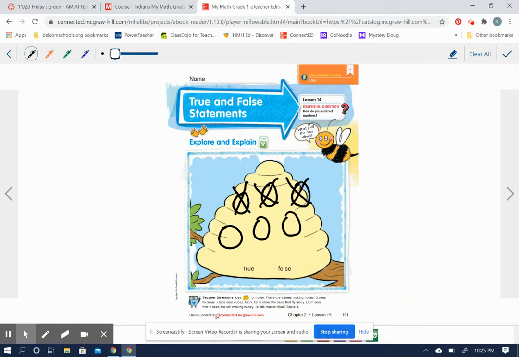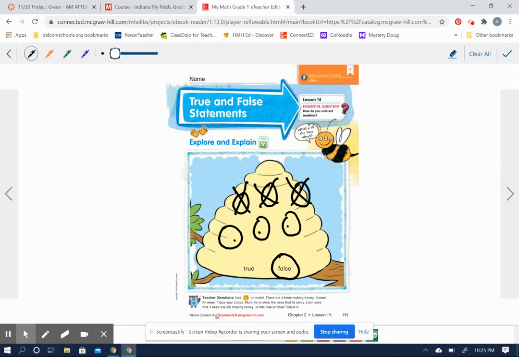And Liam says that there are 4 bees still left making honey. Is that correct? Is that true? No, that is not true. There's only 3, isn't there? So this would be a false statement.